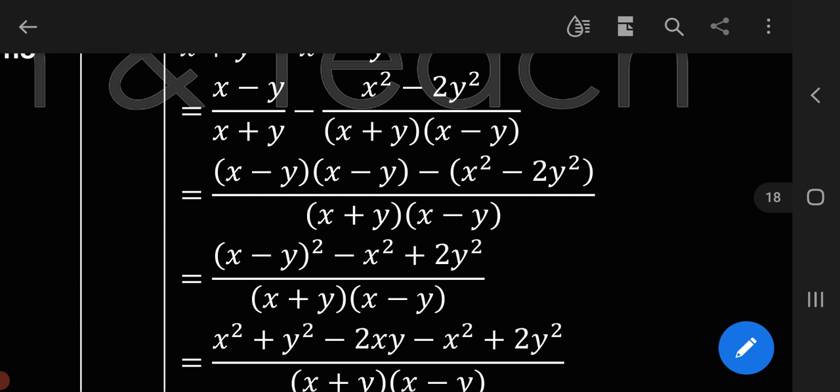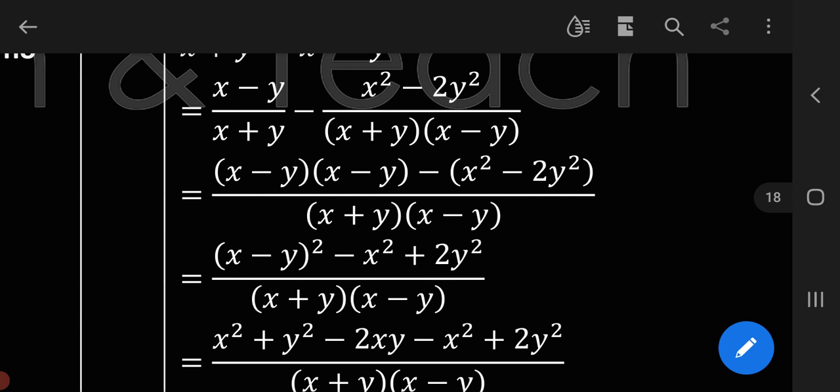If there is plus, no need to write any small bracket, but whenever minus is coming, a small bracket must be put there, because minus changes all the signs of the remaining terms. Second thing, x plus y, x minus y, that is the LCM. So LCM divided by the denominator of the second algebraic expression, that is again x plus y, x minus y, so the result will become 1.